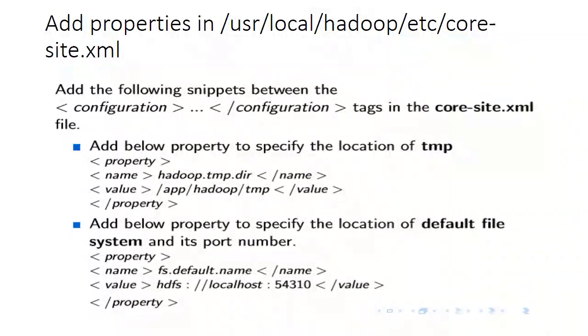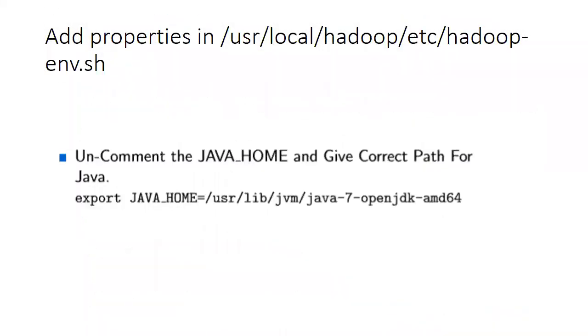It is available under /app/hadoop/tmp, that is the property value. And what is the port number for the default file system? The property name is fs.default.name, and the corresponding value, that is the port number, is hdfs://localhost:54310. This is the property value, the default file system property name and property value.